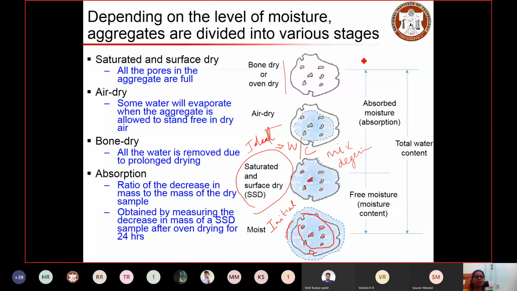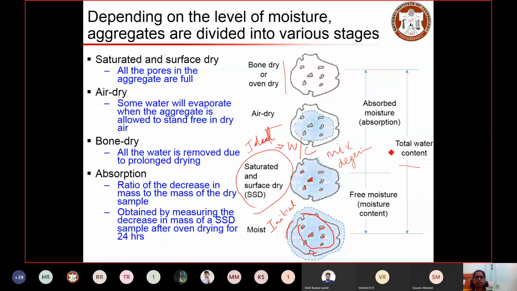To get the total water content in the aggregate, we have to take the difference in weight between these two. If you weigh this aggregate and weigh that stage of aggregate, the difference will give you the total water content of that particular aggregate. And the total water content is divided into two categories. One is absorbed moisture, that is because of absorption.